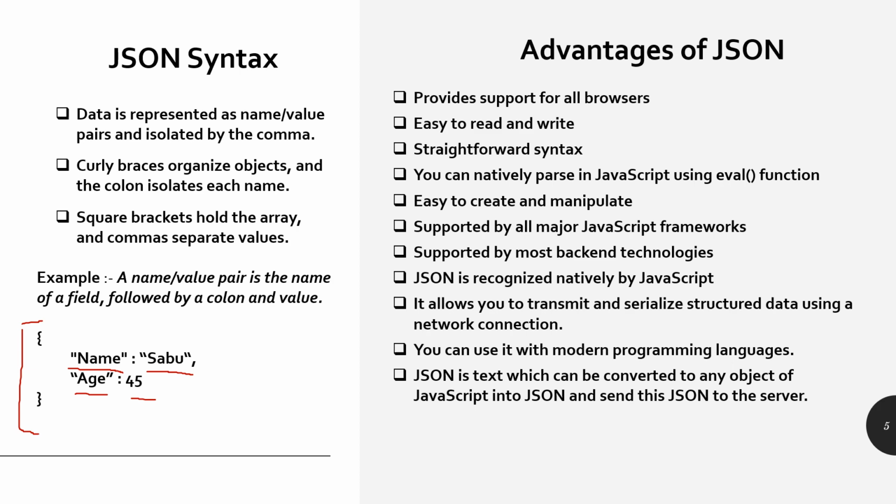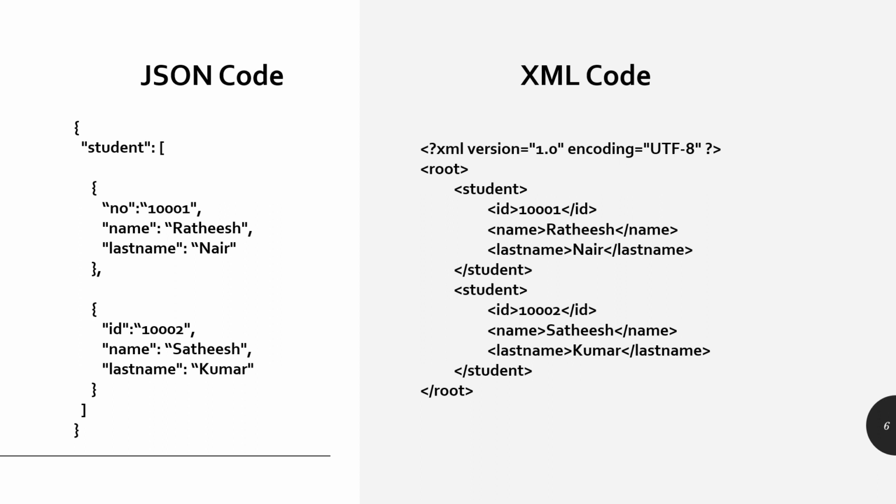You are familiar with the HTML code. See, this code you are already familiar with. That means we should have one root tag, which is called the parent tag, and then child tags also.